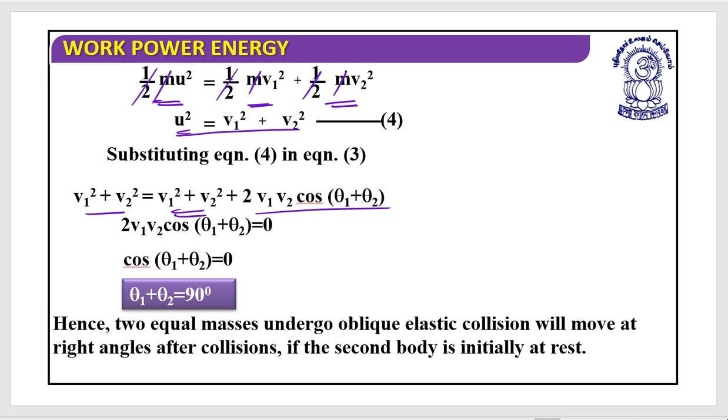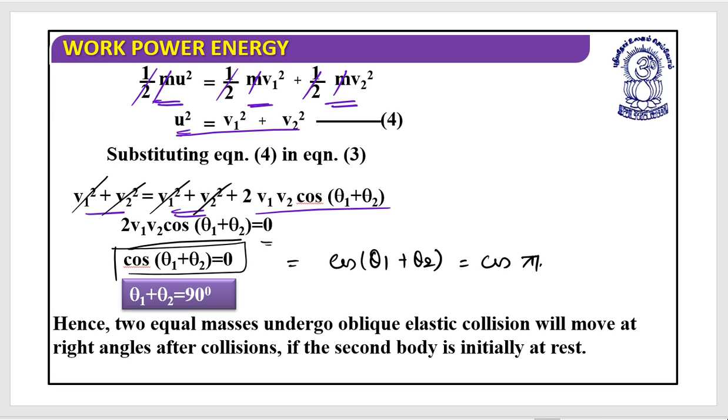Now v1 square cancels, v2 square cancels, and 2 v1 v2 cos of theta 1 plus theta 2 equals 0. From this, cos of theta 1 plus theta 2 equals 0, which means it equals cos of pi by 2 or 90 degrees. So we understood that theta 1 plus theta 2 would be equal to 90 degrees.